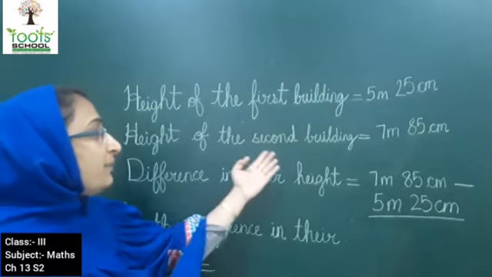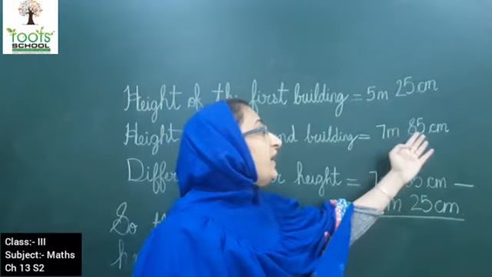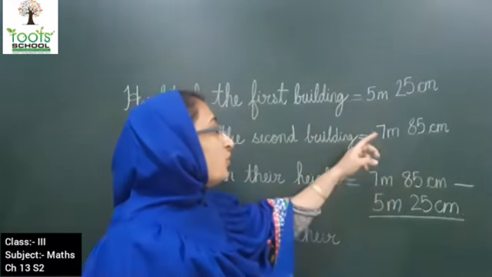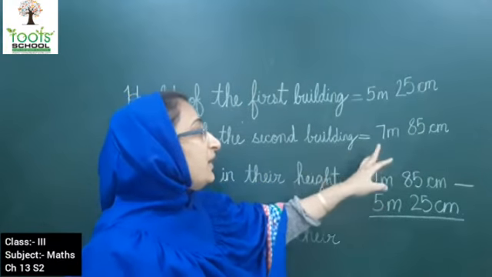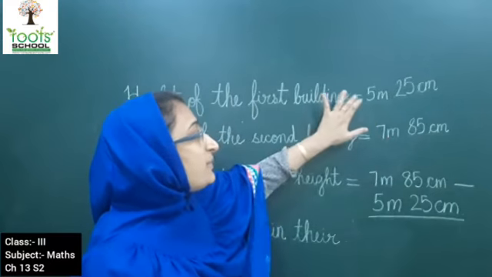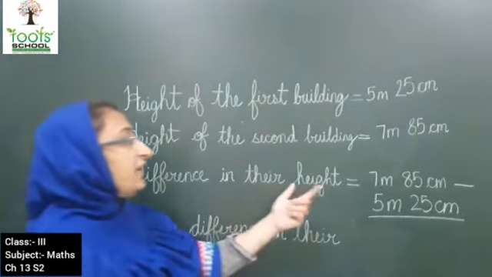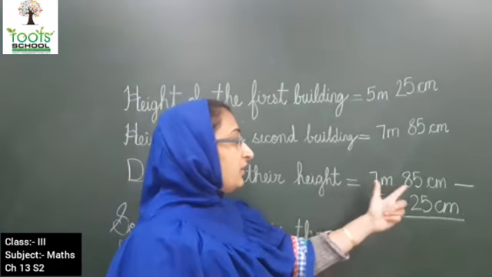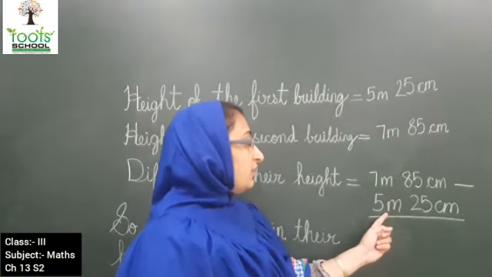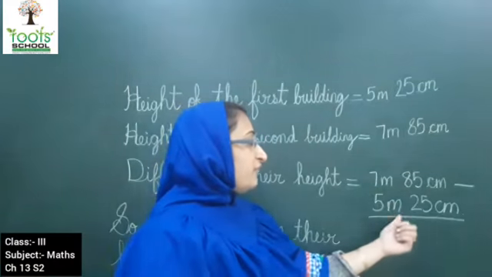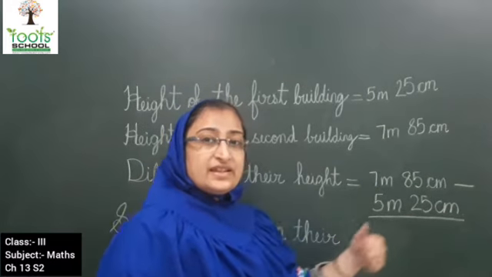Height of the second building is 7 meter and 85 centimeter. So which building is taller? The second building. So you have to subtract the first building from the second one. Difference in their height is equal to 7 meter, 85 centimeter minus 5 meter, 25 centimeter.